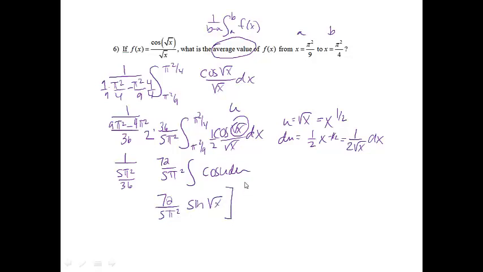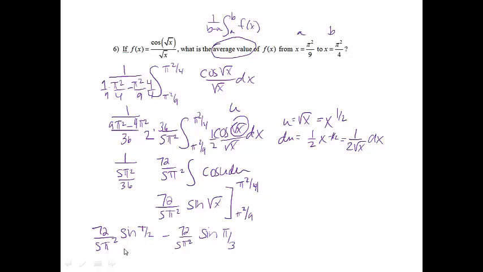and u again is the square root of x, and we're going to evaluate it at pi squared over 4 and pi squared over 9. Okay, so we're going to have 72 over 5 pi squared sine the square root of pi squared over 4, which would be pi over 2, and then minus 72 over 5 pi squared sine the square root of pi squared over 9, which would be pi over 3.